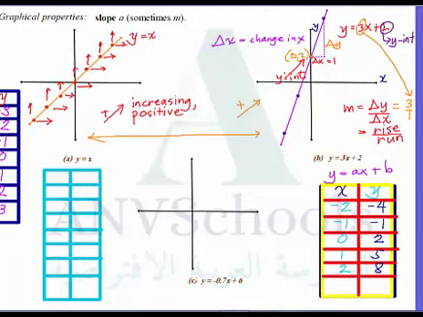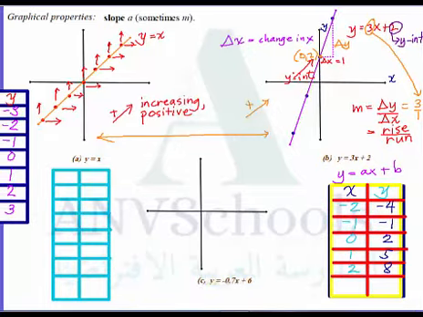How about we now investigate the third function, y is equal to negative 0.7x plus 6. So using the normal steps that we do, we begin with creating our independent and our dependent values for x and y.